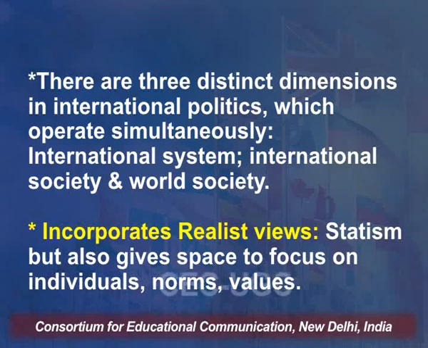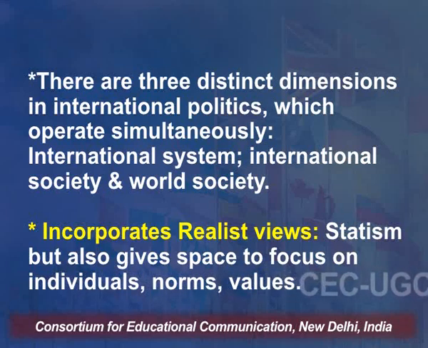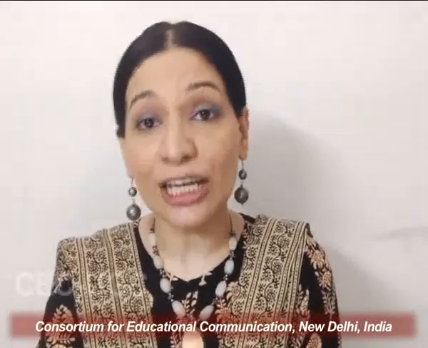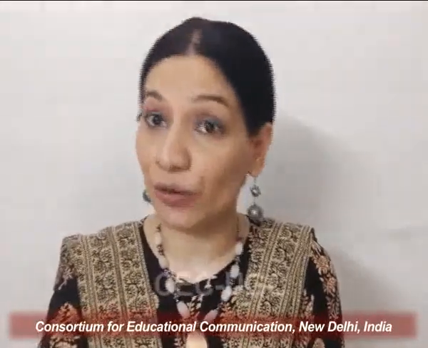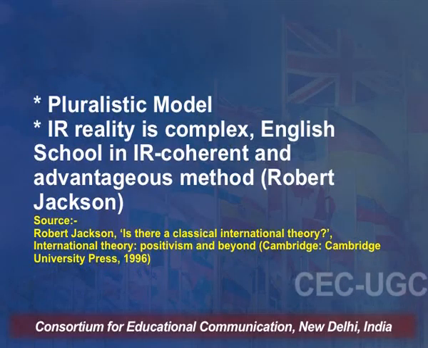The English school perspective incorporates the realist views, namely statism, but at the same time it adds more to the horizons of learning in international reality by giving space to focus on individuals, norms and values. So as we understand the English school perspective in international relations, it is indeed a pluralistic model.